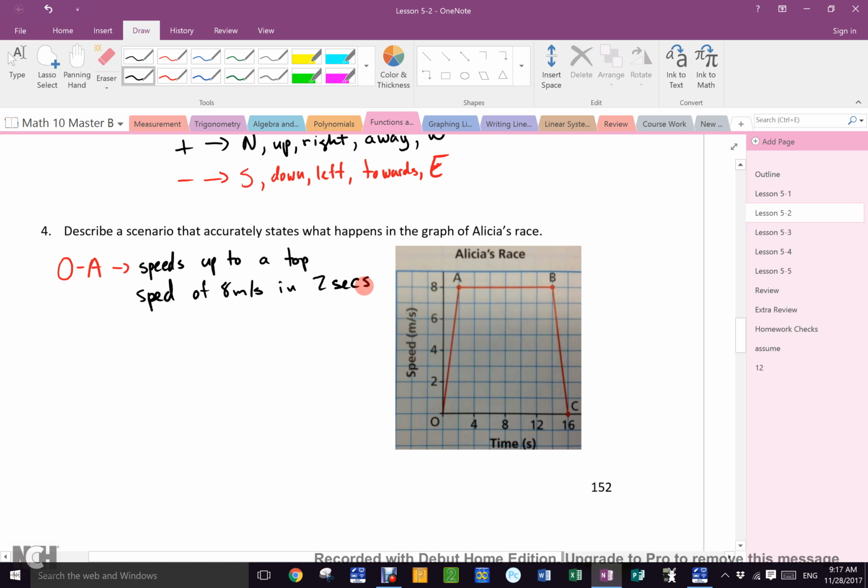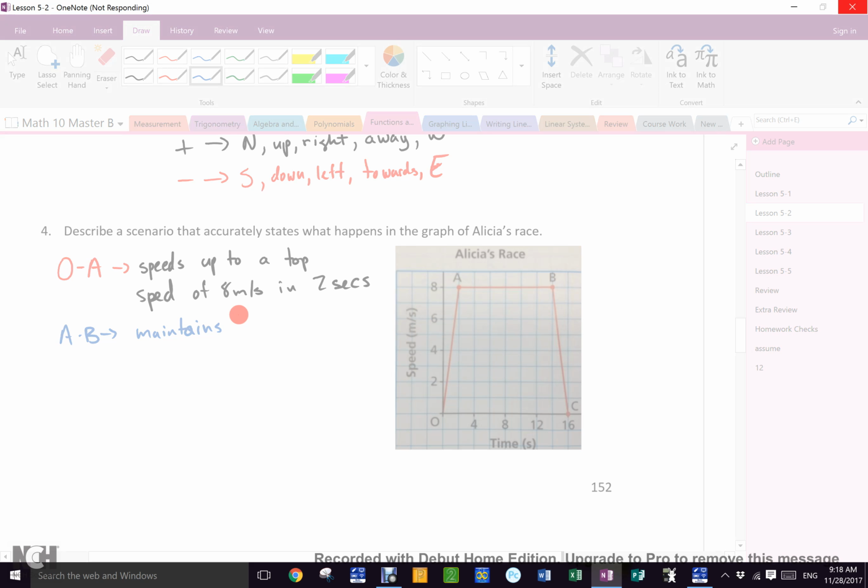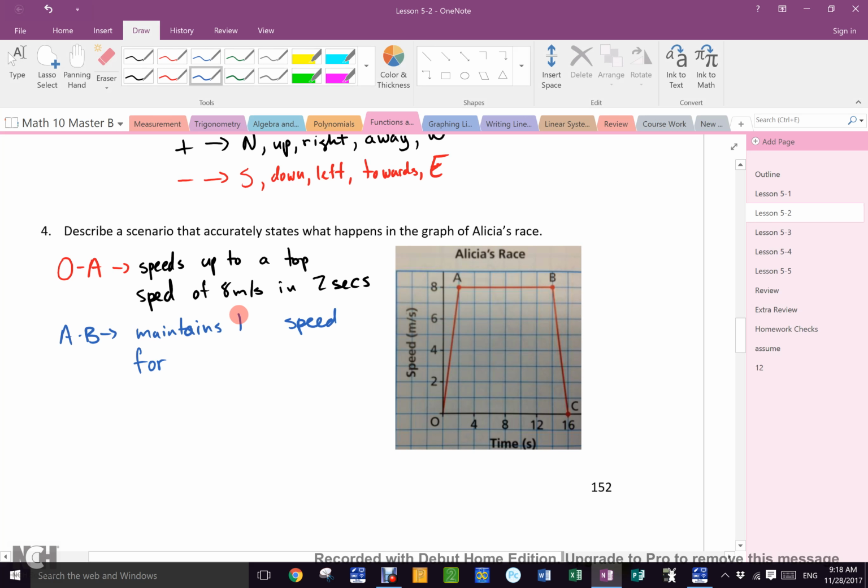What happens from A to B? She maintains top speed for how long?